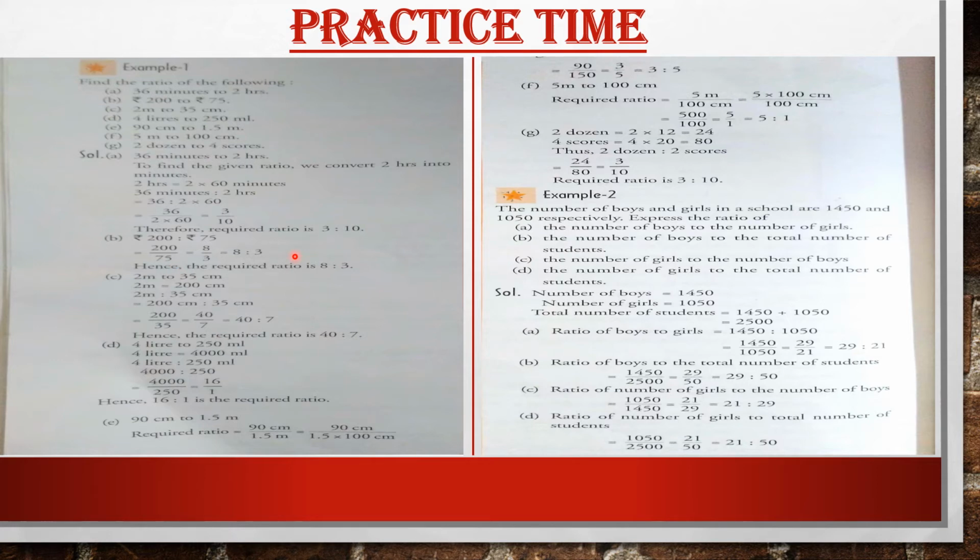Now find the simplest form of 200 by 75. You know that the HCF of 200 and 75 is 25. Hence, divide both numerator and denominator by 25. 200 divided by 25, whole divided by 75 divided by 25. We get 8/3. Hence, the required ratio is 8:3.